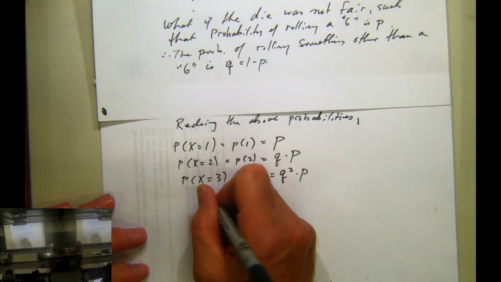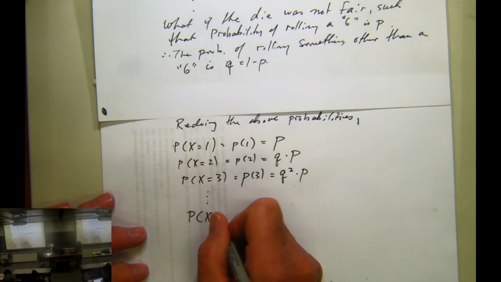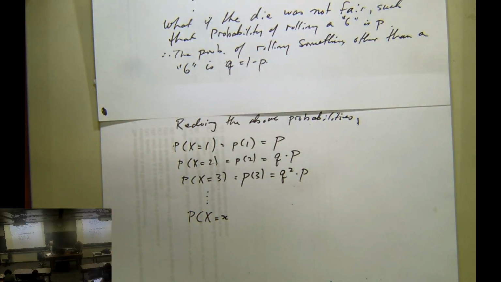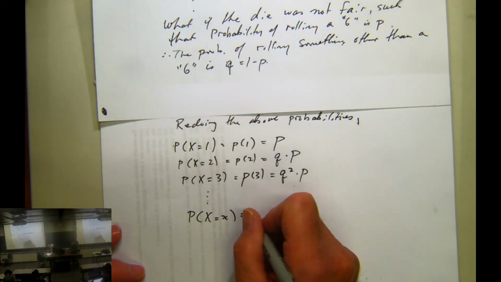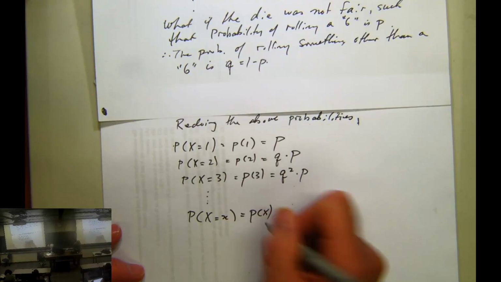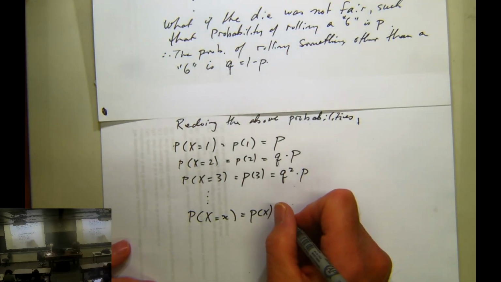And I think what we're seeing is that if I was to say that X takes on any particular value, which we'll call little x, let's just think about what that requires. In order to get to the x-th trial, I first of all have to have x minus 1 failures.